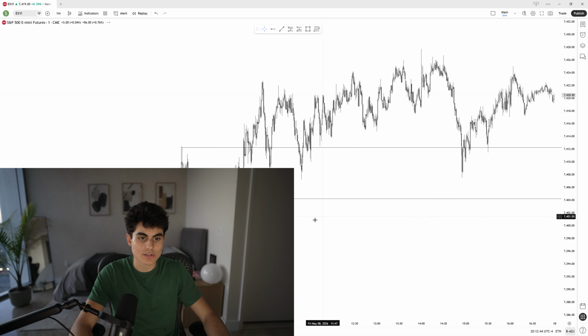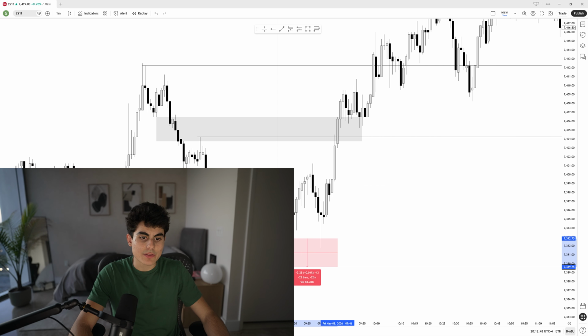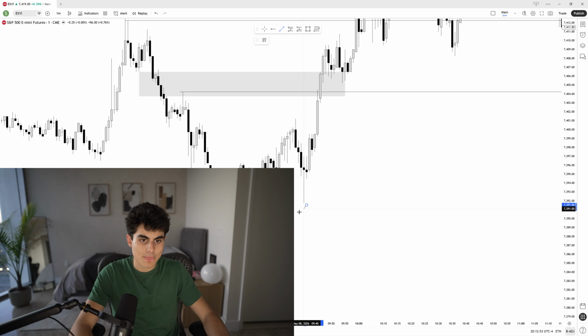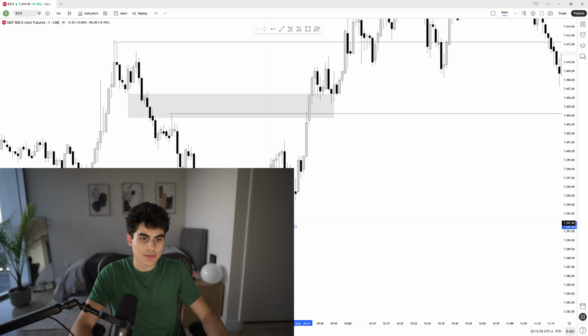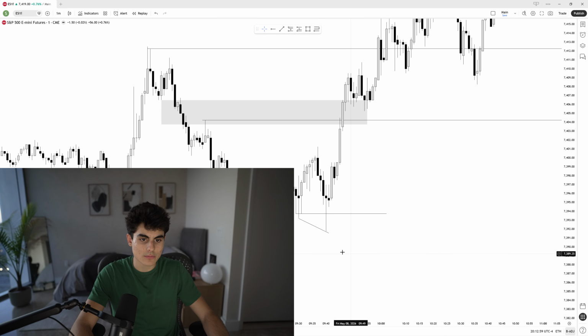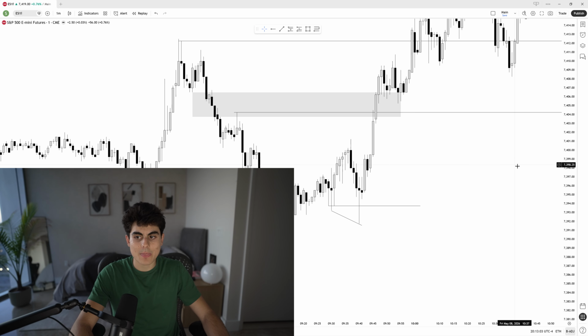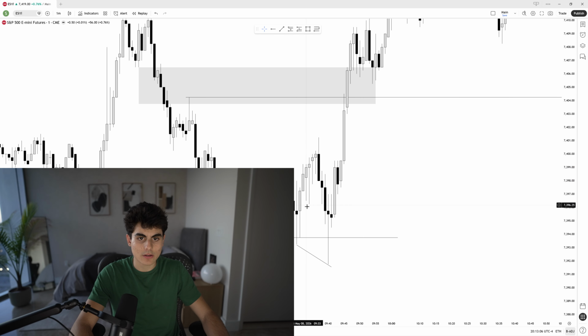What I saw was that we have this SMT here, not that one, this one, with ES sweeping out this low right here, and now we have this new leg to take longs off of.